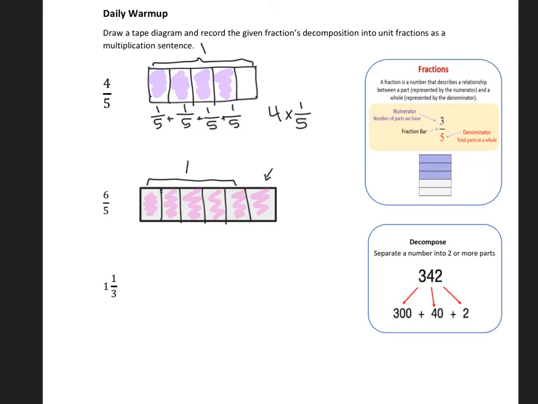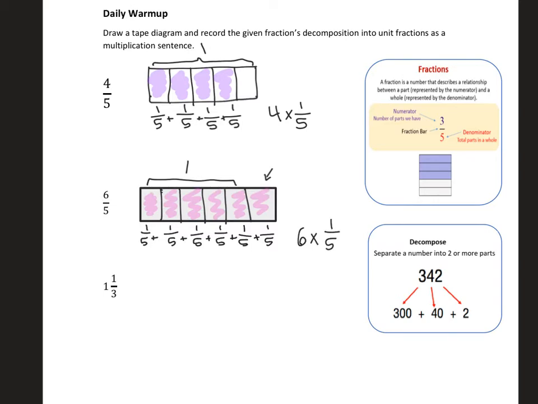I'm going to decompose this into unit fractions: 1/5 plus 1/5 plus 1/5 plus 1/5 plus 1/5 plus 1/5. Now I'm going to rewrite that as a multiplication sentence, so I can write that I have 6 copies of 1/5.